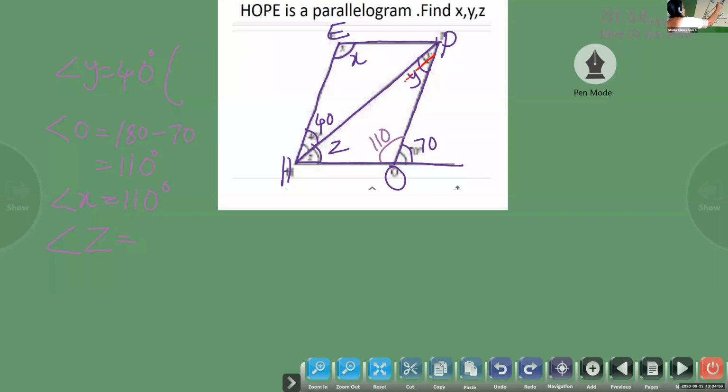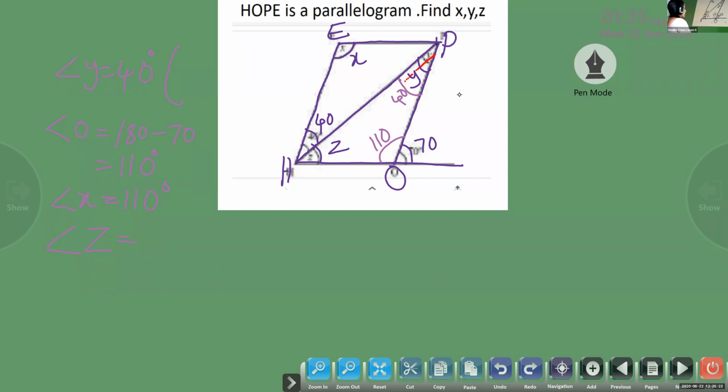We got 40. There are many reasons to get Z, by any of the methods you can find out. Anybody tell me one reason to get Z?